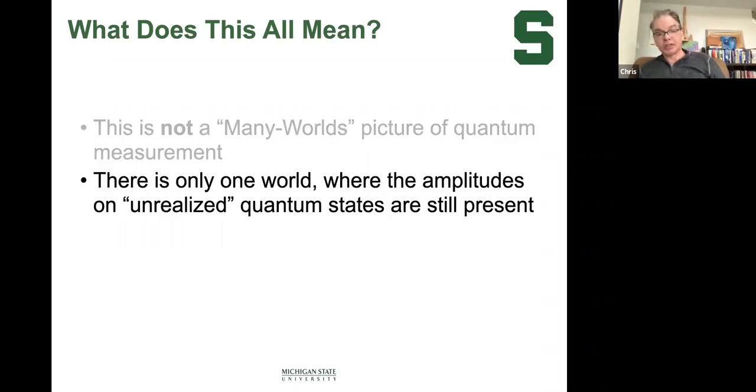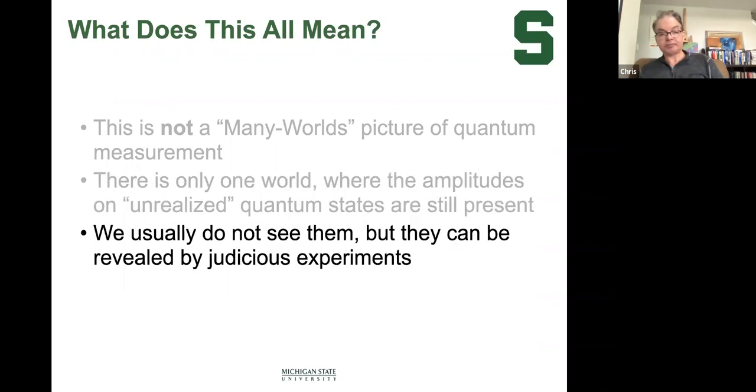There's only one world, but we find that the amplitudes of unrealized quantum states are still present. And when I say unrealized, it just means what my detector didn't tell me. Like if my detector says up, I'm telling you, it doesn't mean the quantum state is up. It has an up amplitude and a down amplitude. And I'm calling the down amplitude the unrealized one. But it's still there. It's just not being shown by the measurement device because the measurement device can't show it.